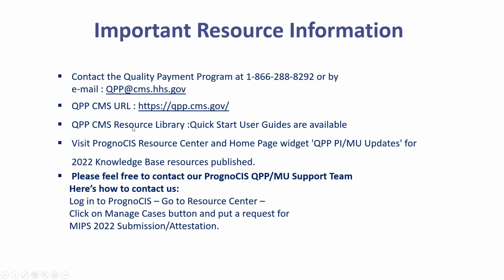On the website, if you go into the resource library, there is a quick start user guide available. You can also visit the Resource Center of PrognoCIS using the Resource Center icon, and then go to the QPP MU updates for 2022 knowledge base information. It's already published there, so you can see that there.